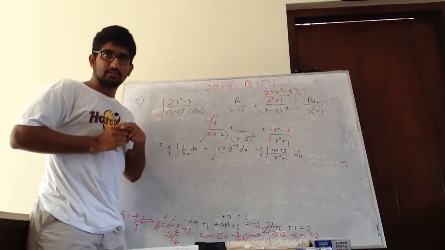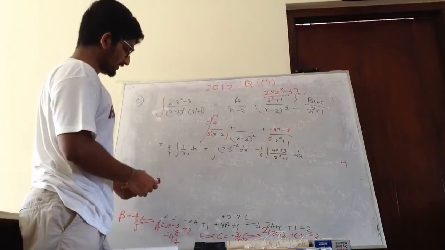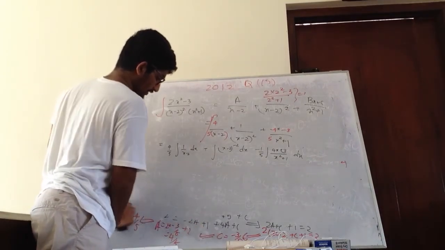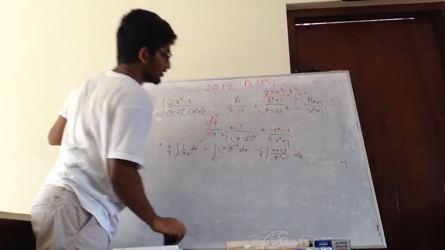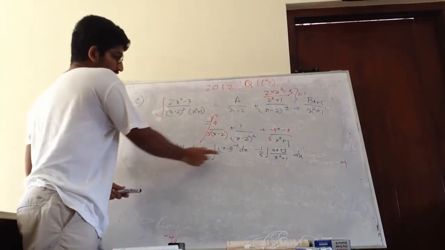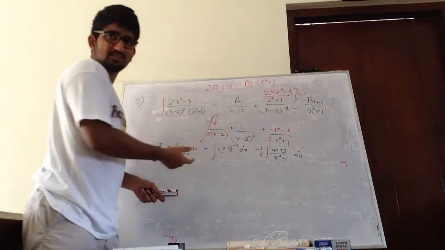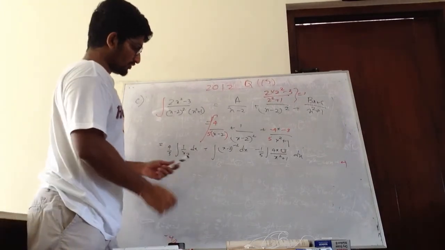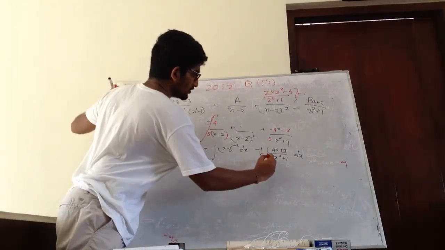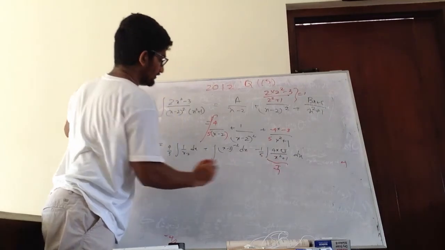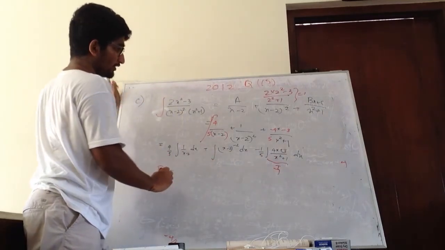Correct, no? Right? So now for all of these we know the answer straight away. So I'm not going to bother about them, but I'm going to bother about this I1. So I'll put this as I1.